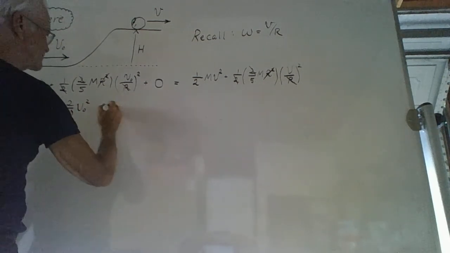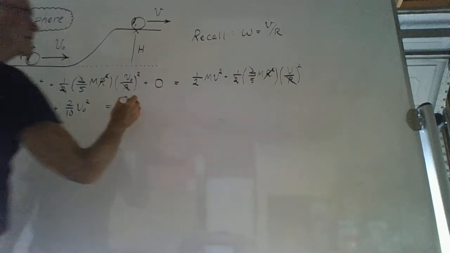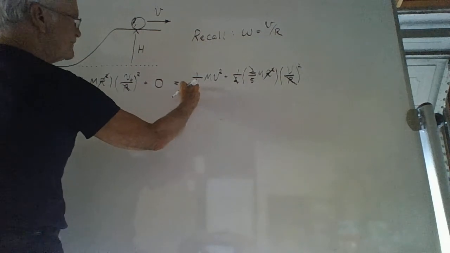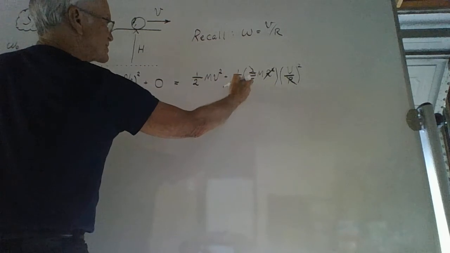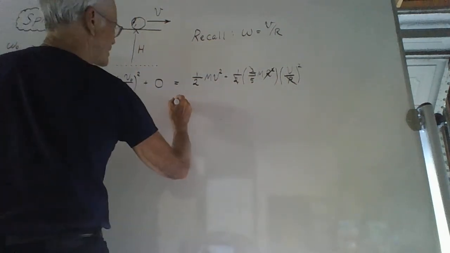And that equals the same sort of situation here. 1/2 is 5/10 v squared plus 2/10 v squared for a total of 7/10 v squared.